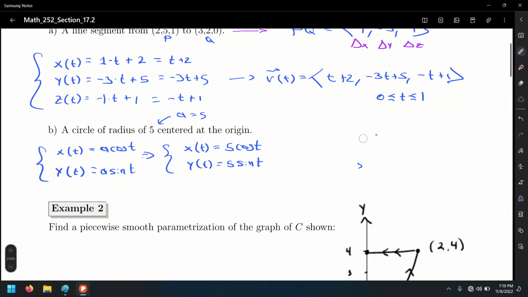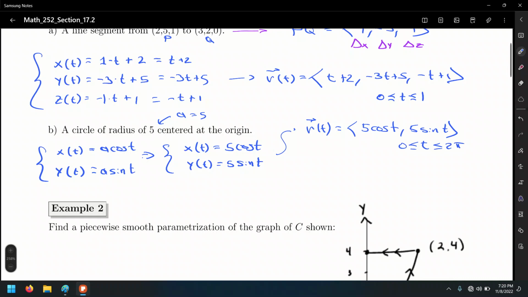In vector notation, this will be r of t equals <5 cosine t, 5 sine t>. And because we're looking at the whole circle, t is going to be varying between 0 and 2 pi to cover the entire circle, right?